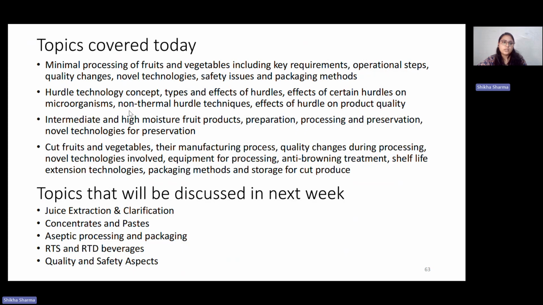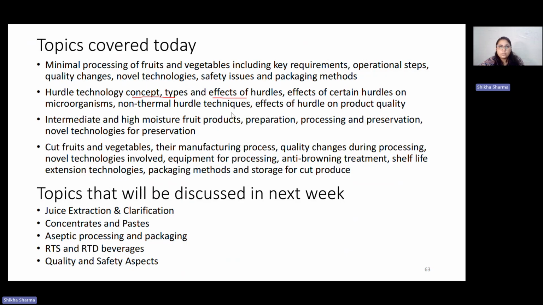Then we discussed the hurdle technology concept, its types, and how different hurdles affect microorganisms, their mechanisms, like disturbance of homeostasis, multi-target approach, exhaustion of metabolic energy, and stress shock proteins.